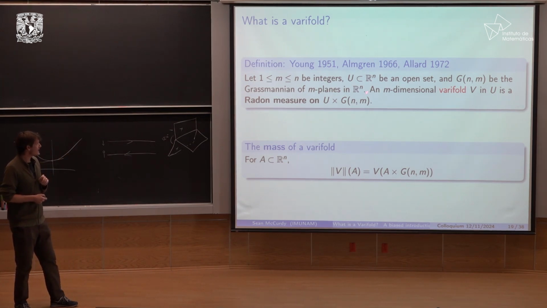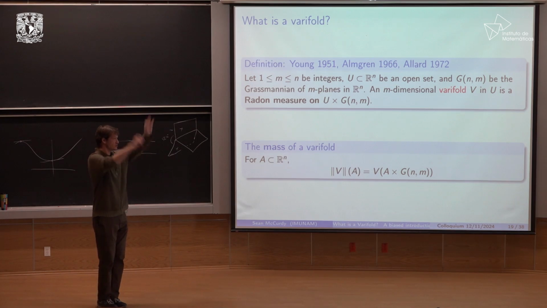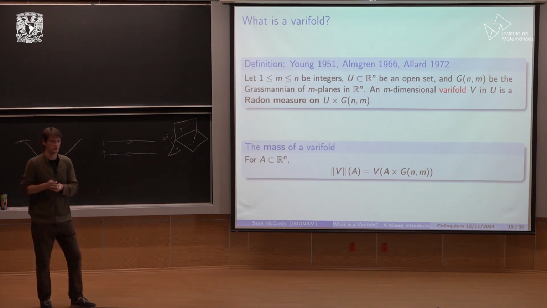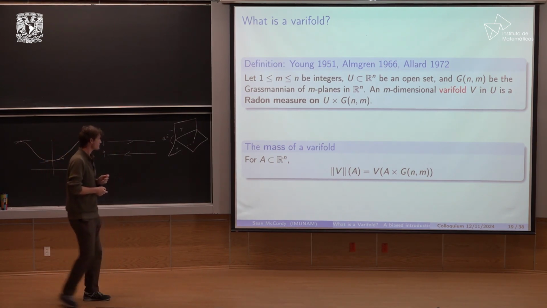Then we're going to define an m-dimensional varifold V in this open set U to just be a Radon measure on the product of U, the Euclidean coordinate, and the Grassmannian of m-planes in Rn. So you can think of it as one coordinate is Euclidean space, and the other coordinate tells you a particular m-dimensional plane, linear subspace.